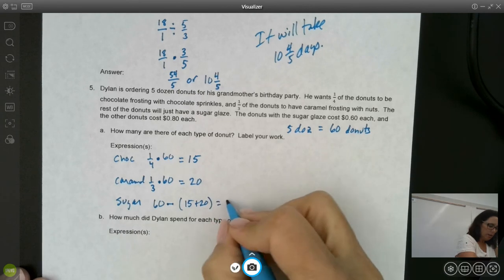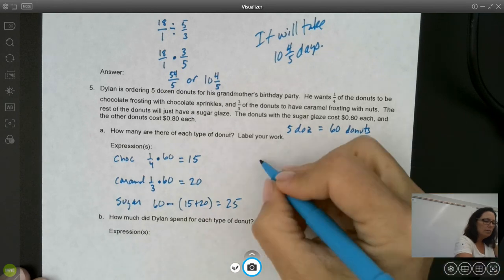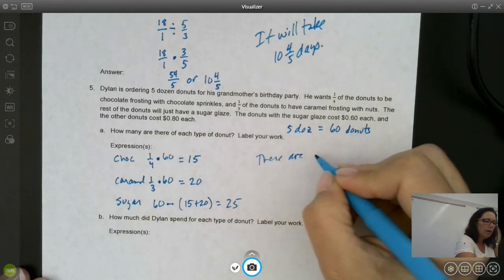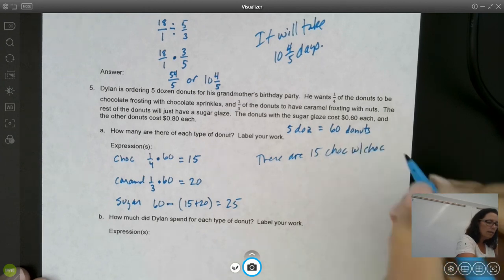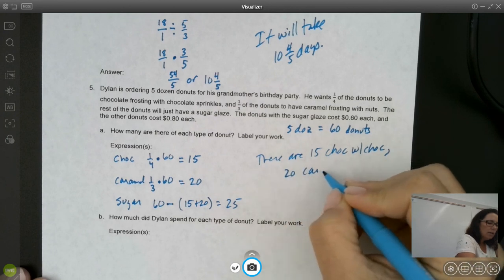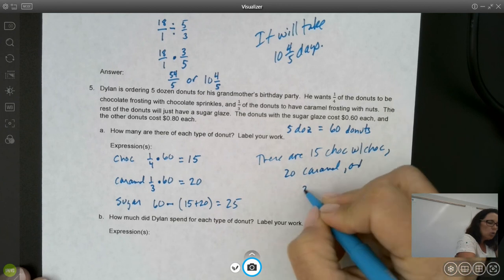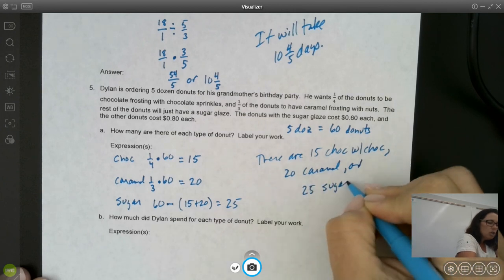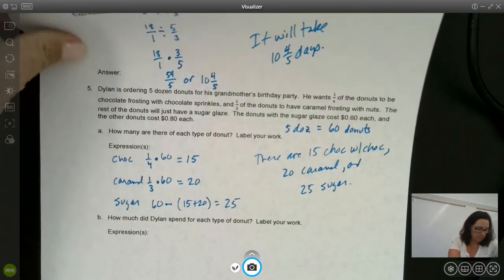That'd be 25. So there are 15 chocolate with chocolate, 20 caramel, and 25 sugar.